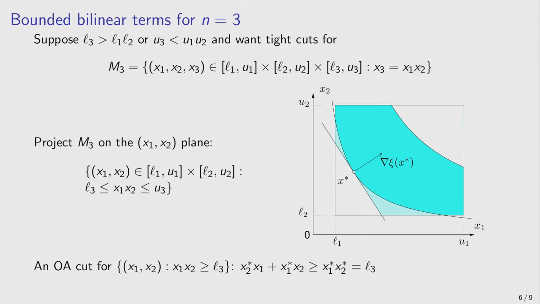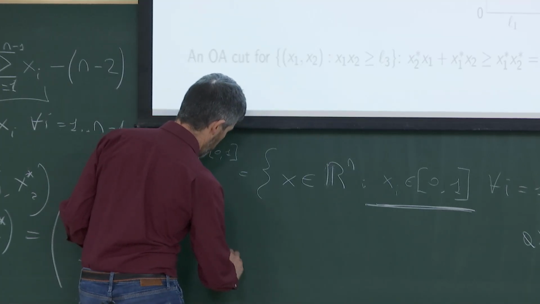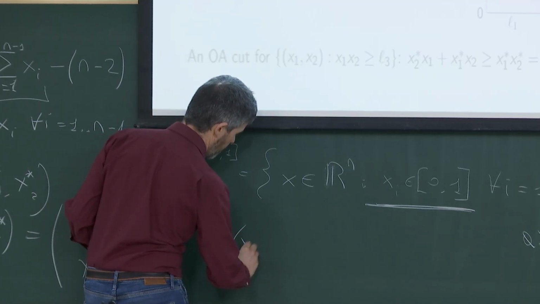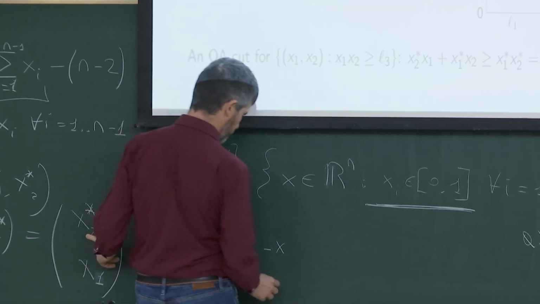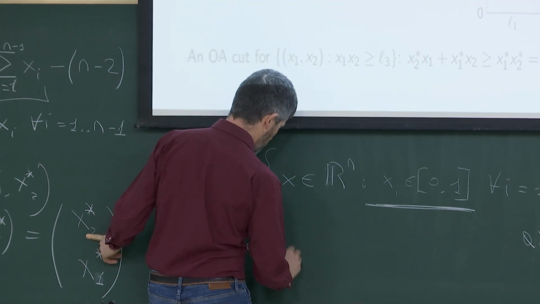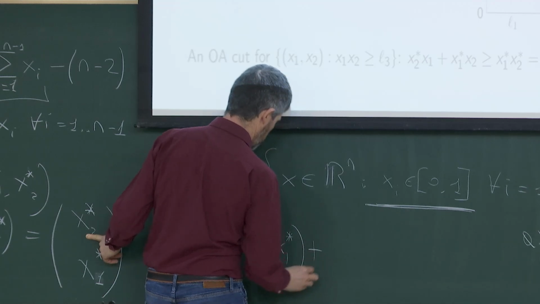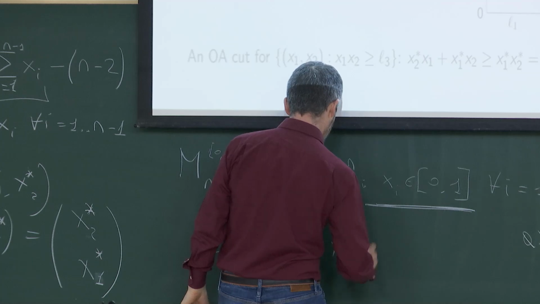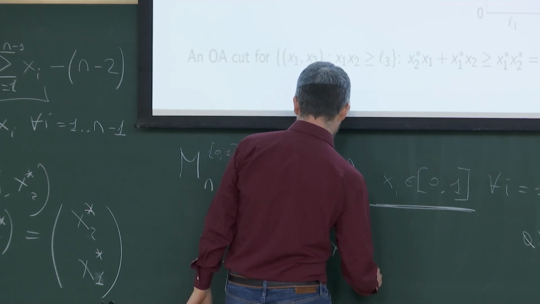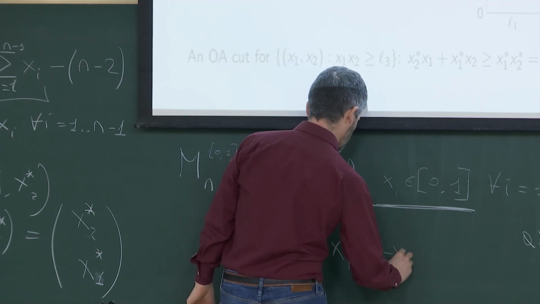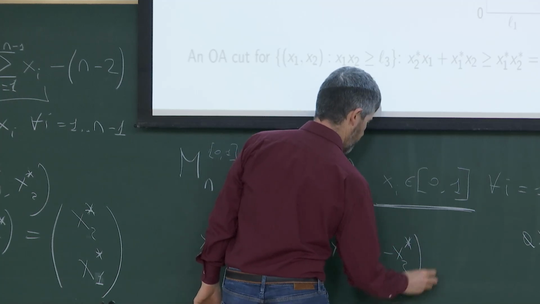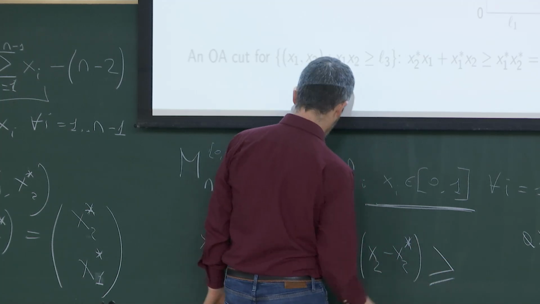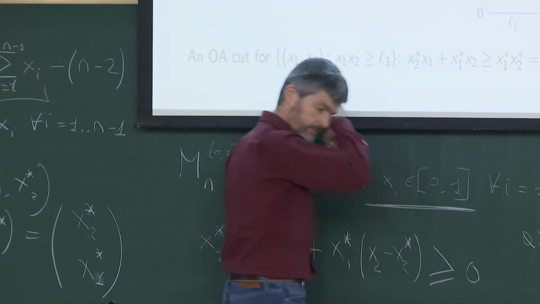So the inequality itself is going to be very simple. It's going to be the gradient with respect to the first variable, which is x2 star, multiplied by x1 minus x1 star, plus x1 star multiplied by x2 minus x2 star is greater than or equal to 0.